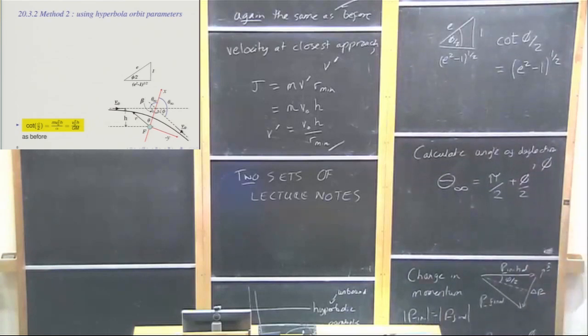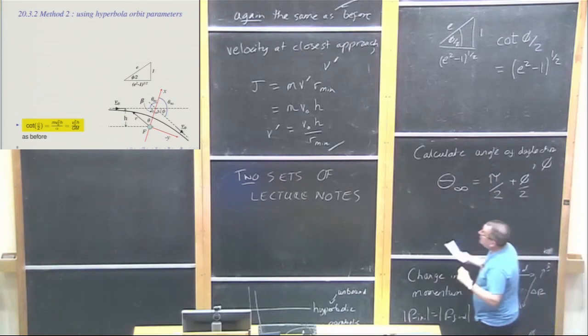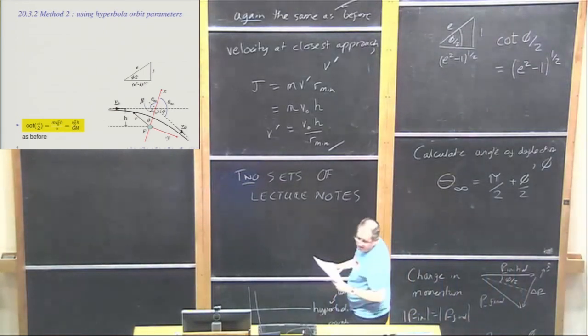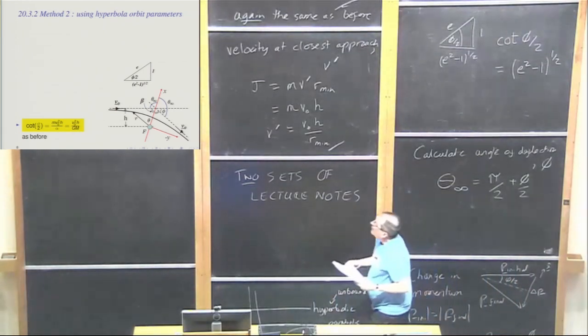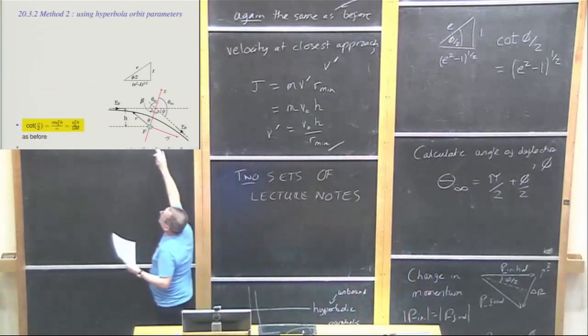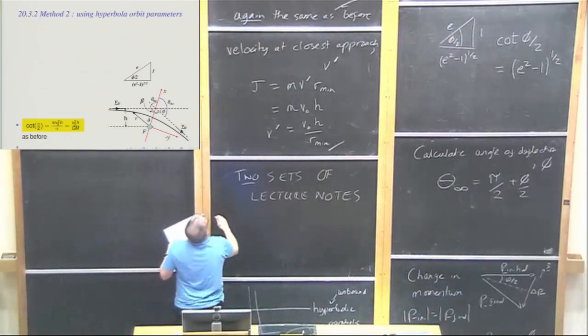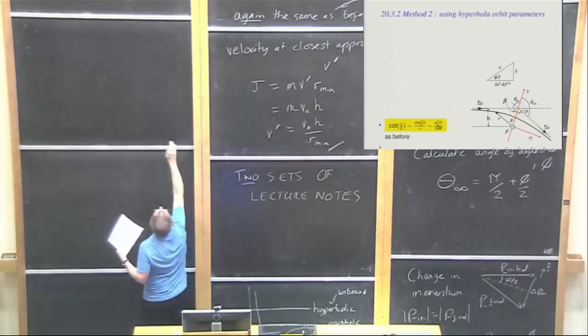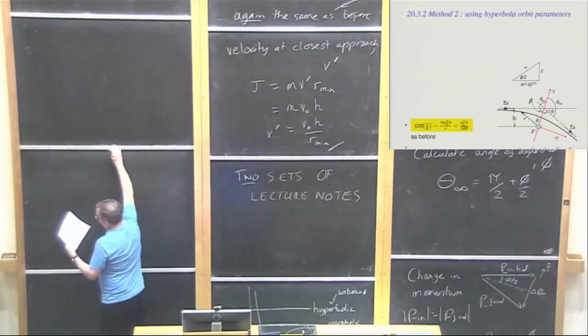So if we can just find a way to calculate what the eccentricity is in terms of the kinematical quantities of the orbit, then we will have an expression for the scattering angle. And we do have this relationship because it's on the top board there. Let me rewrite it here.